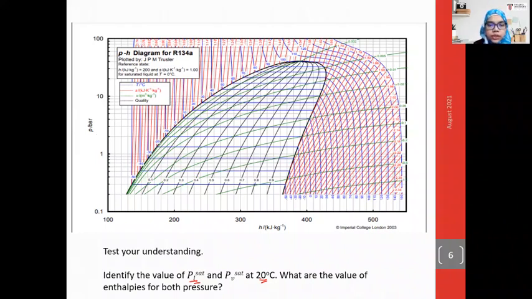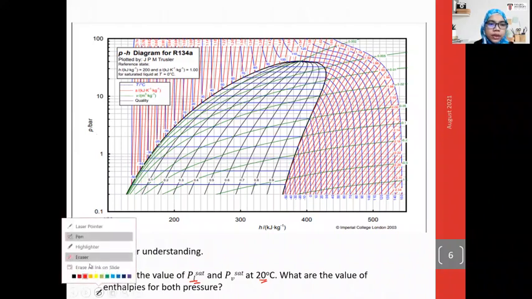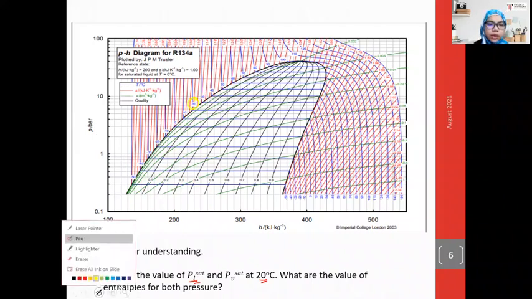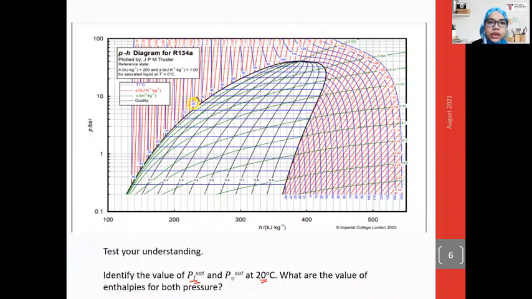Okay, let's take a look at the question. Identify the value at 20 degrees Celsius. So you may take a look at the blue line here. At 20 degrees Celsius here, what is the pressure for saturated liquid and vapor?